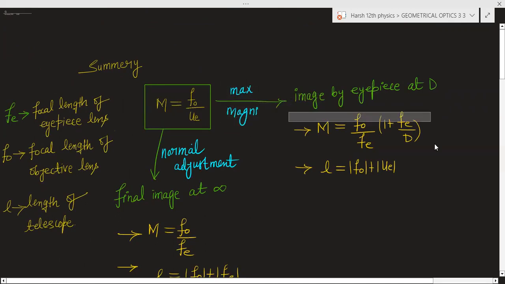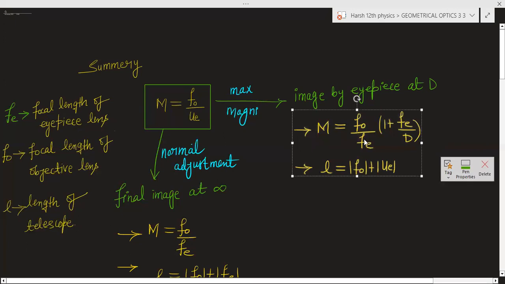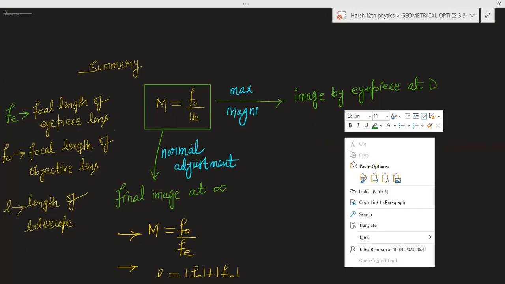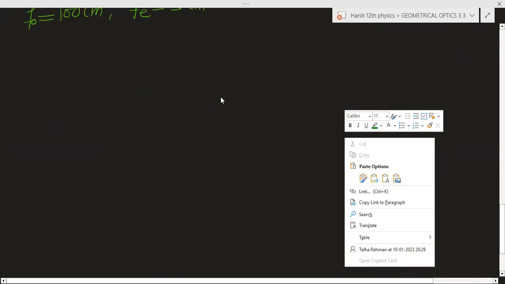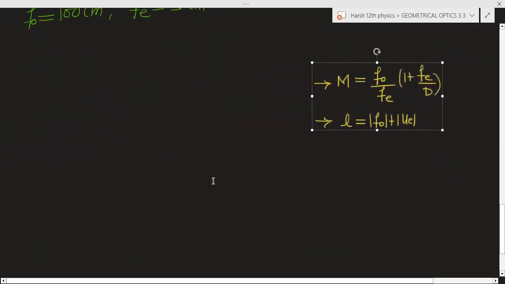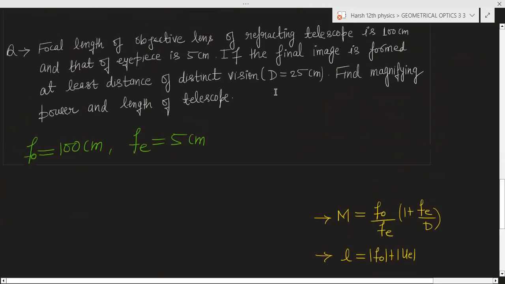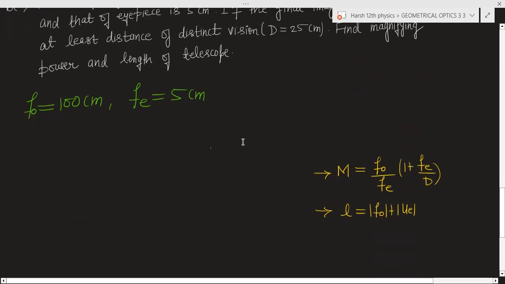So these are the formulas that we will apply. We have to find the magnifying power and the length of the telescope.